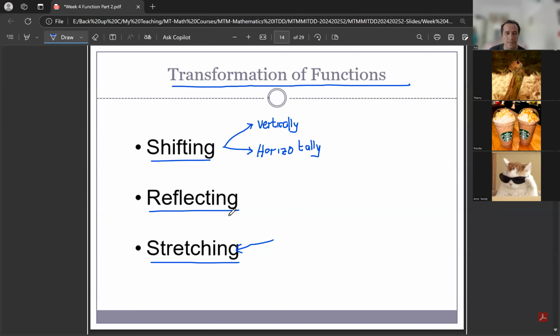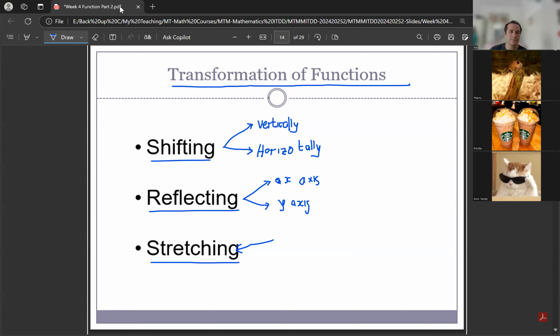And reflecting can also be divided into two things: we can reflect the graph to the x-axis, and we can reflect it to the y-axis. So there are two kinds of reflecting.